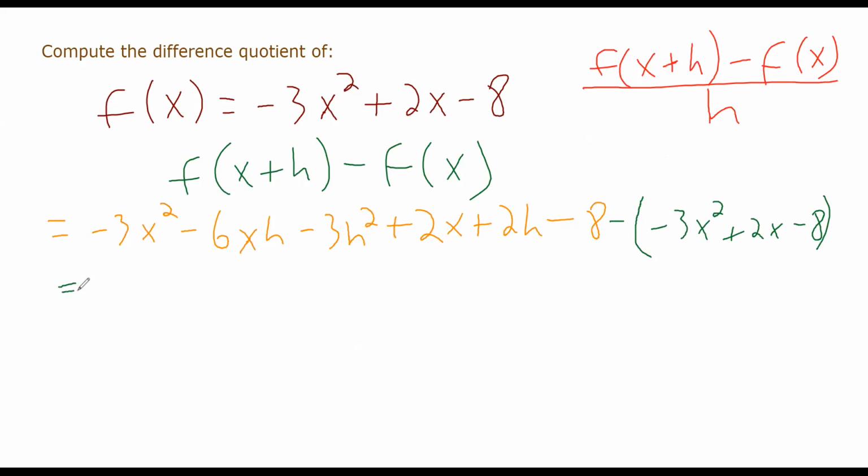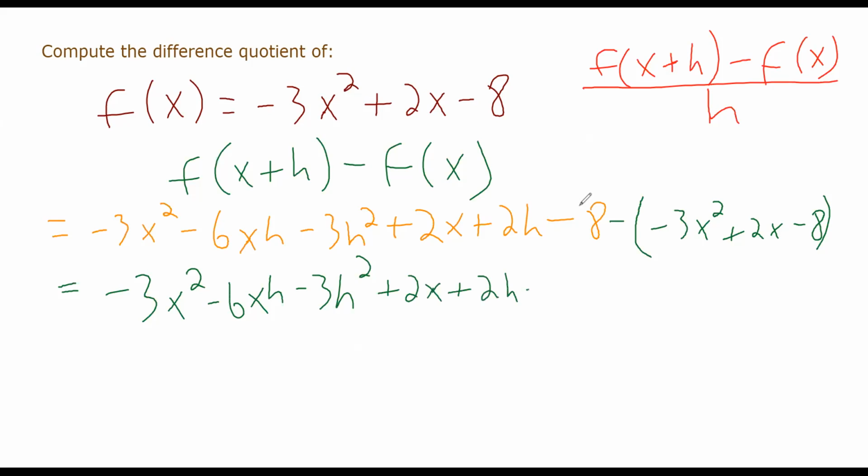So this whole first part doesn't change. Negative 3x squared minus 6xh minus 3h squared plus 2x plus 2h minus 8. So now we have minus a negative 3x squared becomes plus 3x squared minus 2x plus 8.